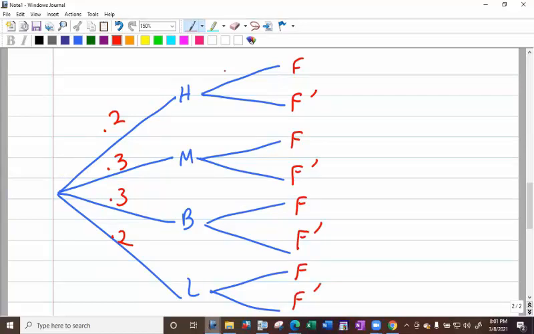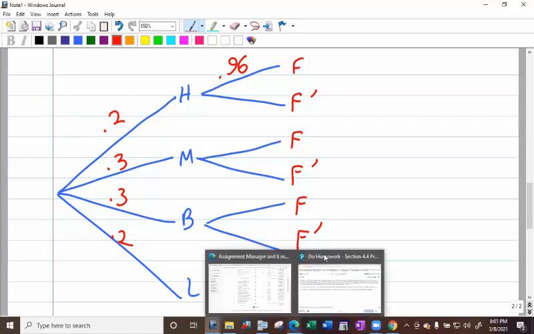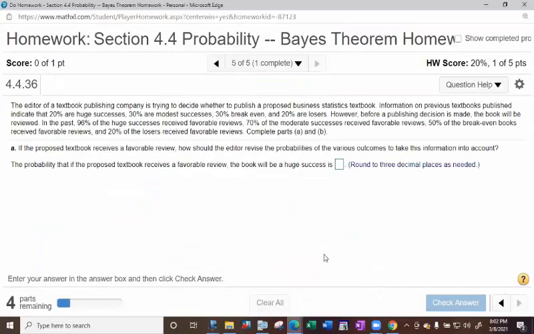I believe that one was 96, if I recall. I'll double check that. In other words, it's saying the probability it got a favorable review if it was a huge success was 96%. That kind of makes sense, doesn't it? If it's a huge success, you would probably think it would get a highly favorable review. 70% of the moderates received that.